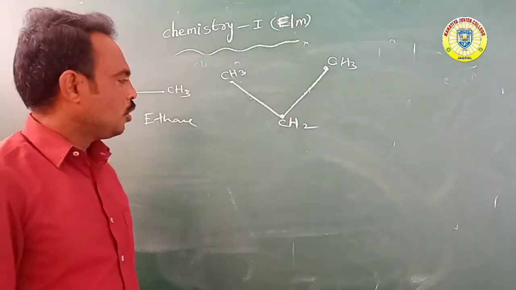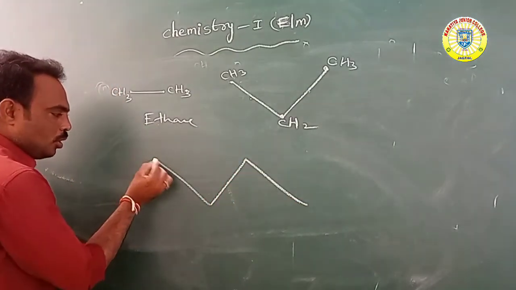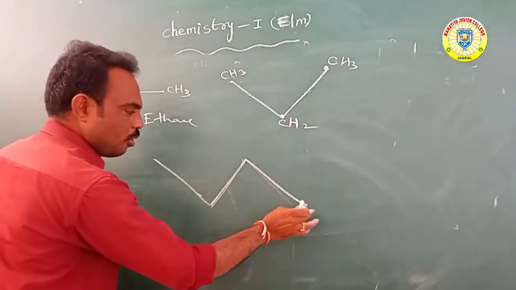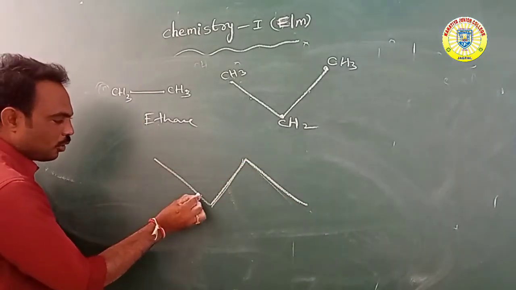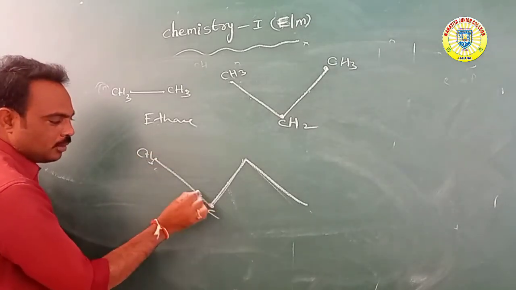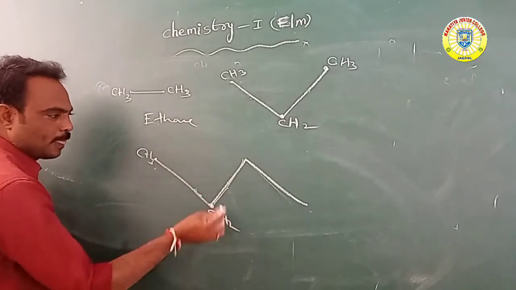Or suppose another line. The end carbon has only a single bond, so we write CH3. This carbon is attached with 2 bonds, remaining H2, so we write CH2.